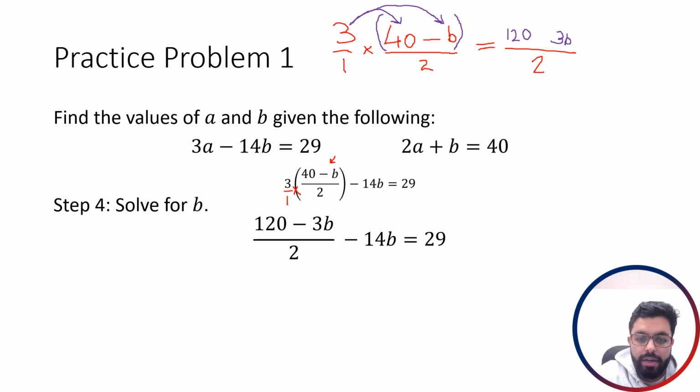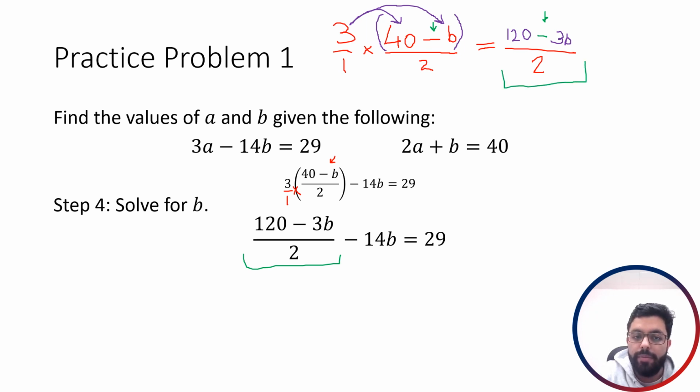Nothing too complicated there. And this minus sign that we have right here, we just keep the minus sign right there. If we had a minus sign on the outside, then we'd have to flip all the signs on the inside. Minus would become plus and plus would become minus. But because we don't have that, we just carry over exactly the same sign as what was in the brackets. So that's how we get this thing right here, 120 minus 3b divided by 2.